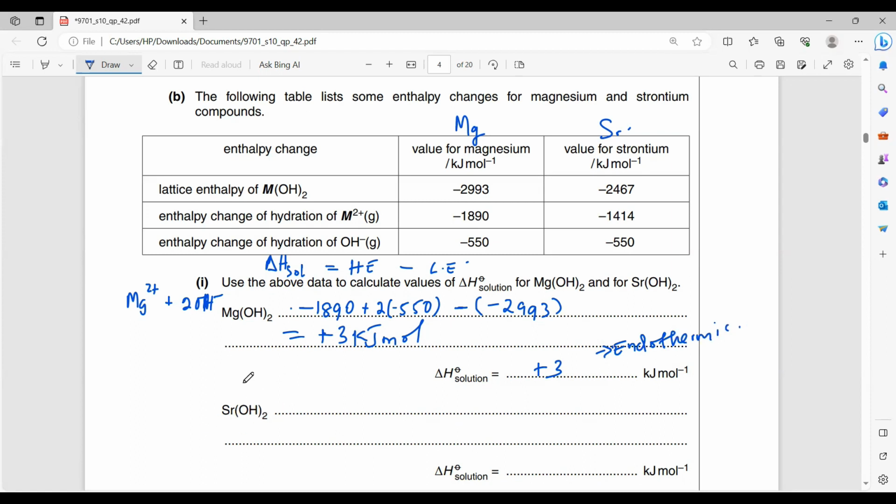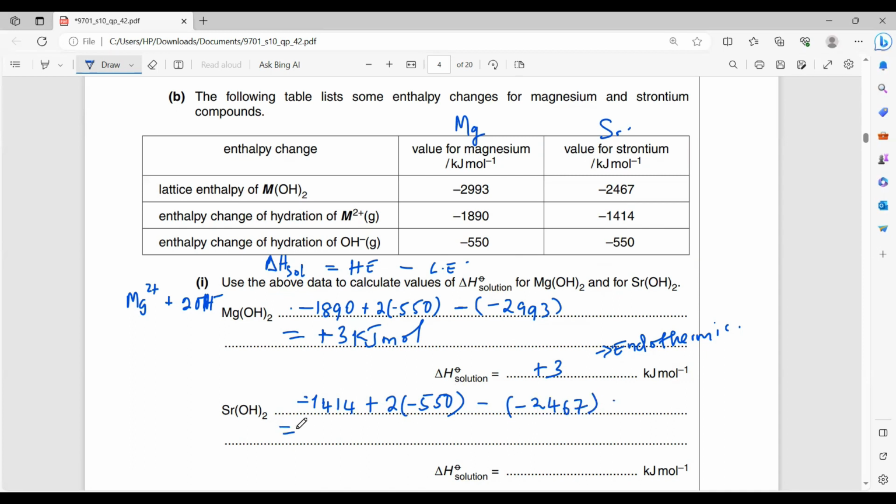That for strontium hydroxide would be, the hydration of strontium will be minus 1414 plus 2 times minus 550, minus your lattice energy, which is minus 2467.